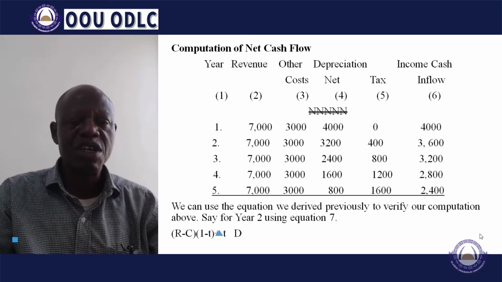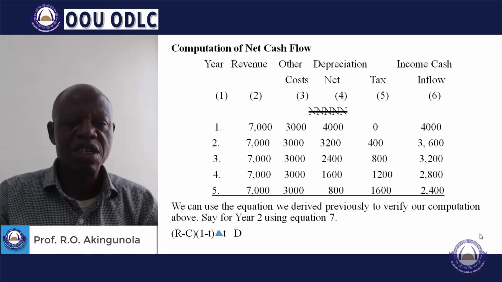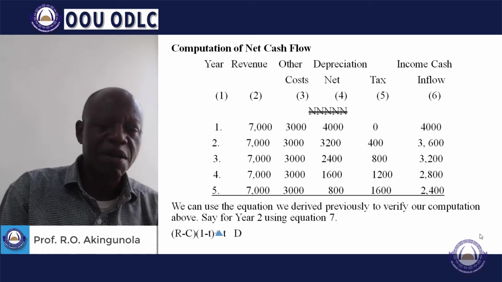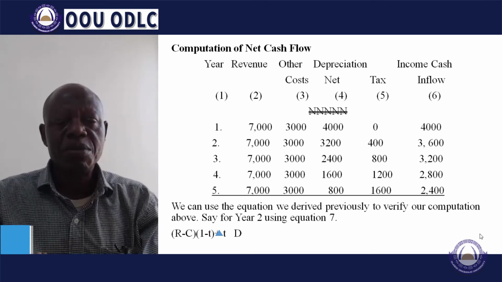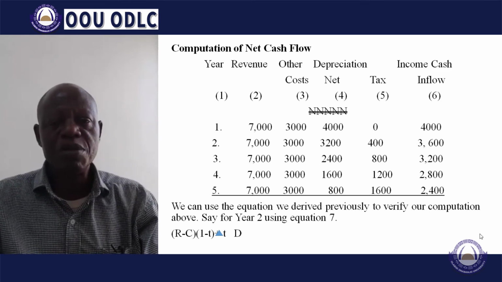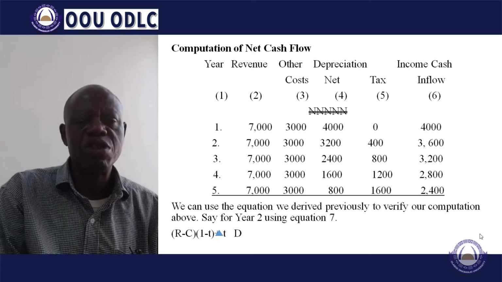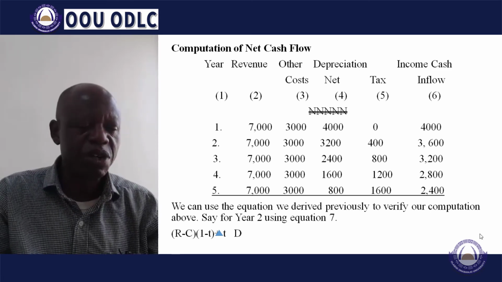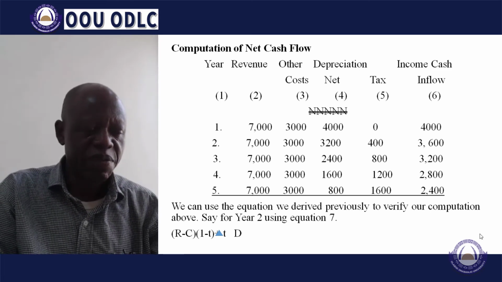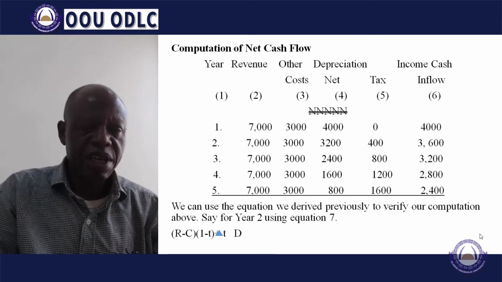If you have a machine that you're already using, say for instance, we're already using a car to run our business, and now we want to dispose of the car and buy a new one, the cost of the new one will be reduced by the sales proceeds of the old one. That is incremental. So our cost will have been reduced by the proceeds of the old car.